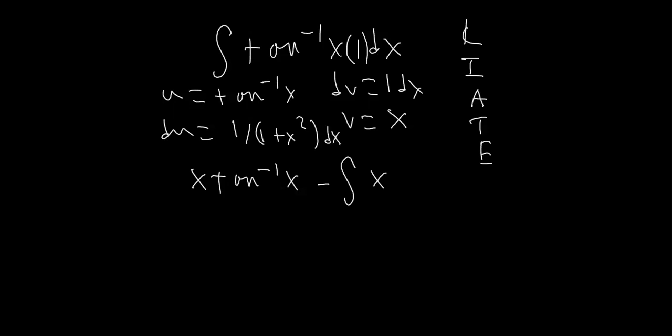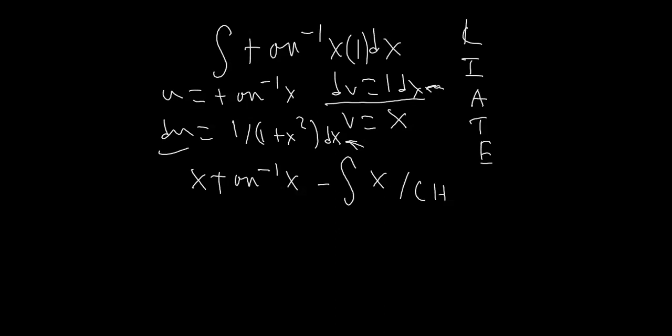Keep forgetting to put the dx there. Yeah, I keep forgetting this, but always make sure you put the dx after every dv and du. So make sure you put dx right here. Okay. So anyway, the integral of x times du.